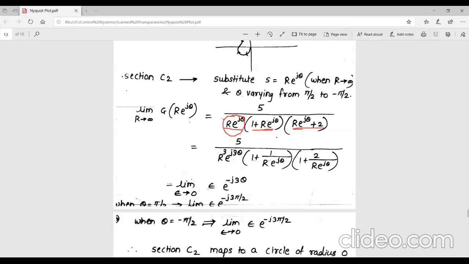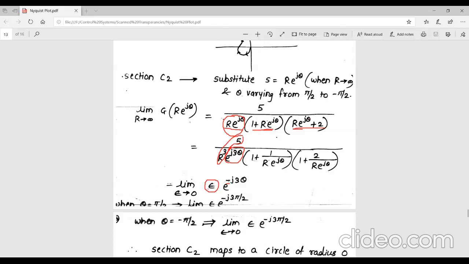Now if you consider this 5 upon R cube, R tends to infinity, and that is why 5 upon R cube is going to be very small. So we can consider it as epsilon. By taking this e raised to j 3 theta term into the numerator, we get the negative sign. Now the angle for section C2 would be plus pi by 2 to minus pi by 2, considering the direction.